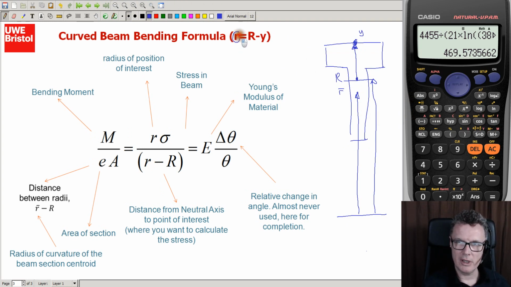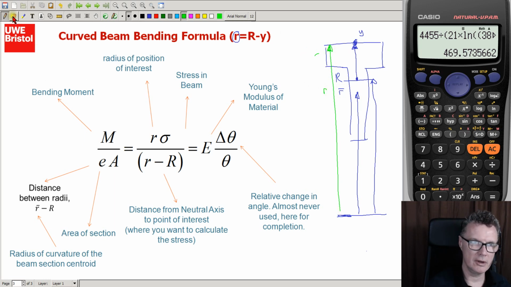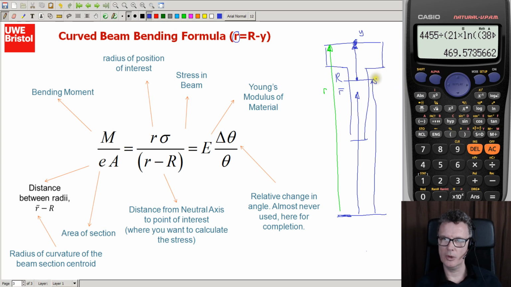What's this R here? This R here is referring to the point of interest, okay? But in terms of where this datum is, so that, we'll give it to be a green. So that R is referring to that thing there, okay? So, how can I go from this R to this Y?